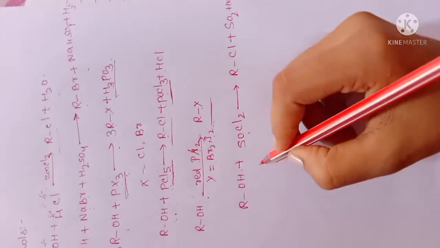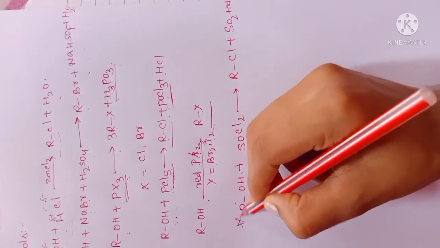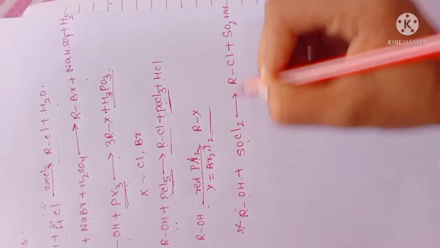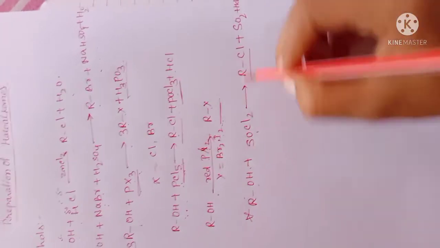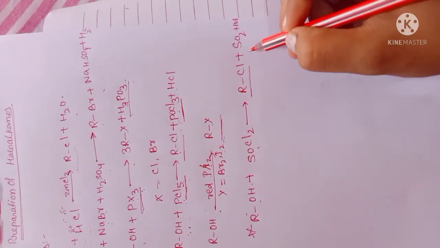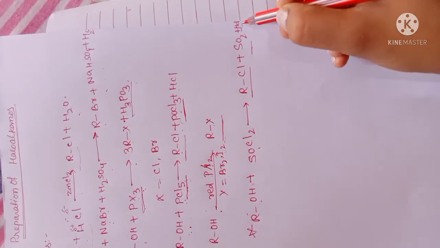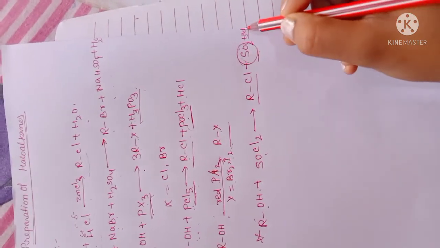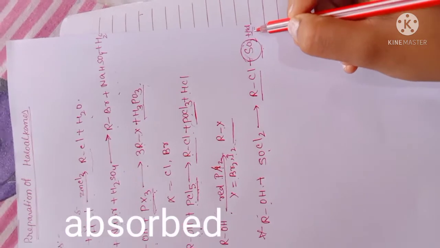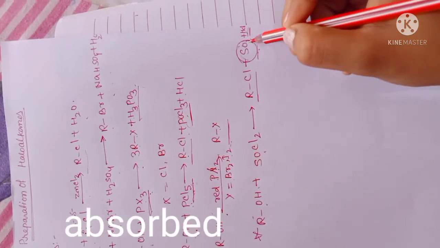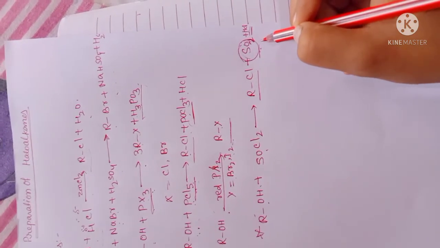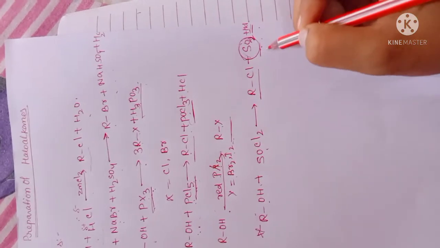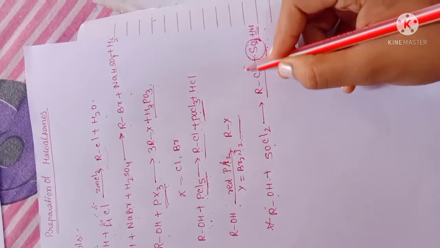This is the reaction which gives us pure RCl, because in the byproduct there is SO2 and HCl, not SOCl2. It is observed that SO2 is a gas, so it will vaporize, and we get only RCl.